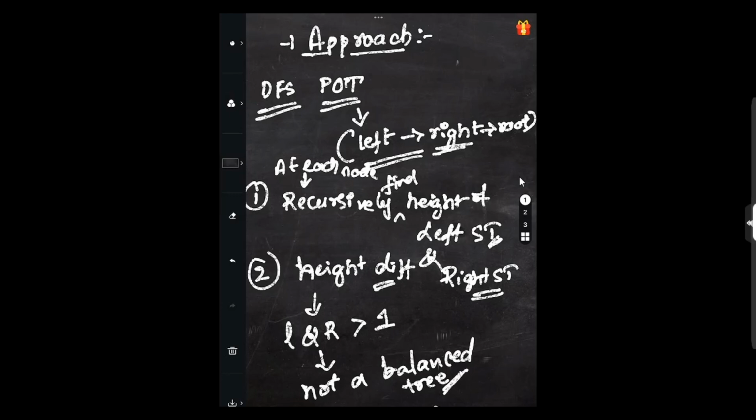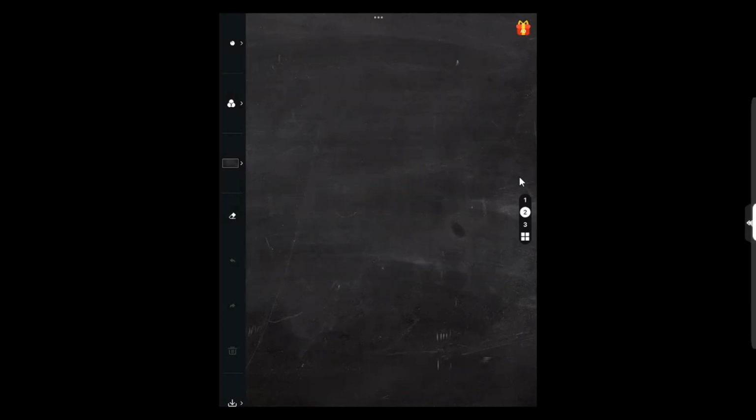Finally, we will return the height of the current node as max of left height comma right height plus 1. This is simple.